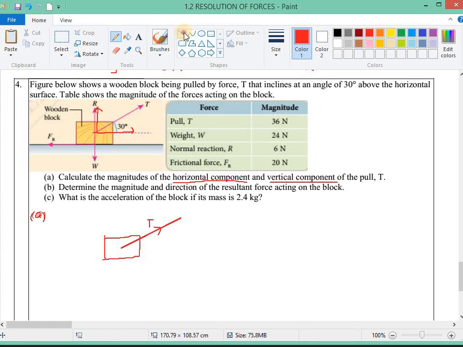This here is the x component. Here will be the y component. So we can draw a parallelogram here. This is Fx for the horizontal component, this one Fy for the vertical component.